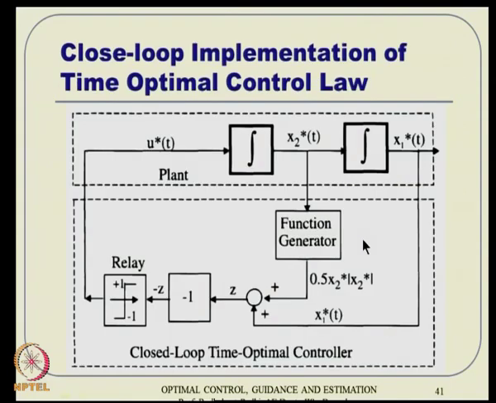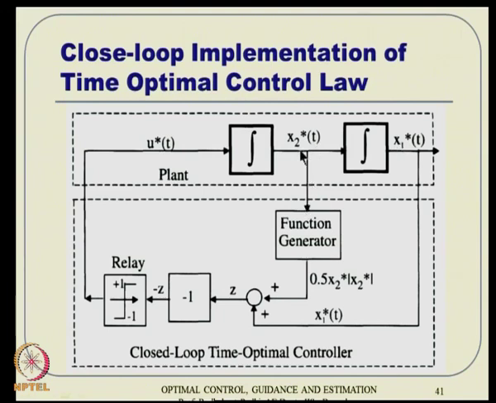Alright, so if you want to implement this control law, it's rather very easy. All that you have to do is, this is a double integrator system plant. So this is an integrator here, u is coming here. After integration, x2 dot, which is u, becomes x2. That is nothing but x1 dot. So after integration, it is x1.